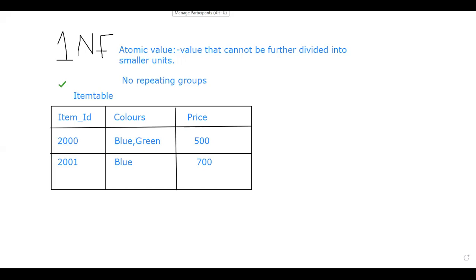Now let's look at the item table. We have the attributes item ID, colors, and price.